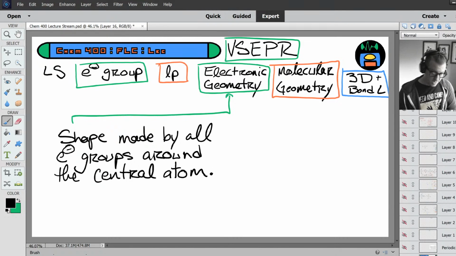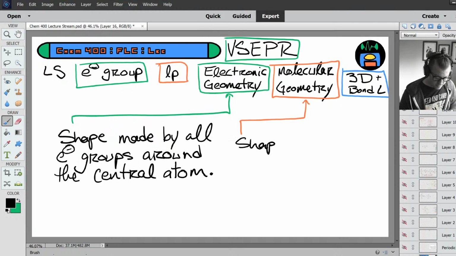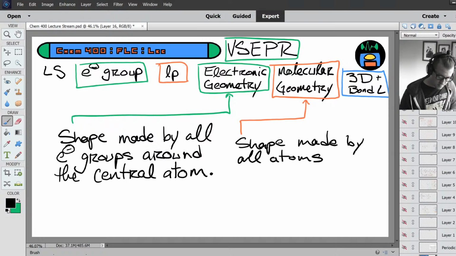All right. When we talk about molecular geometry, the molecular geometry is the shape made by all atoms around the central atom.